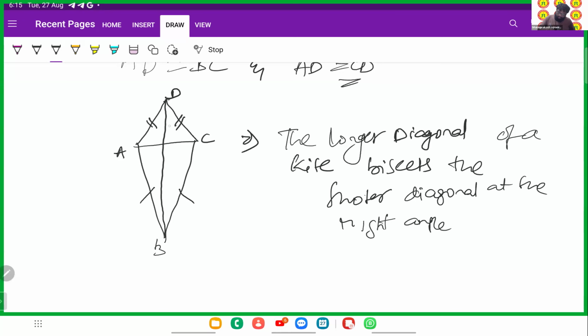So this longer one is bisecting the shorter one. Bisecting this shorter one means this side will be equal to this side. If I consider the intersection point of the two diagonals as O, CO is equal to OA. So this is all the difference between kite and rhombus. Any confusion, students? No, sir.